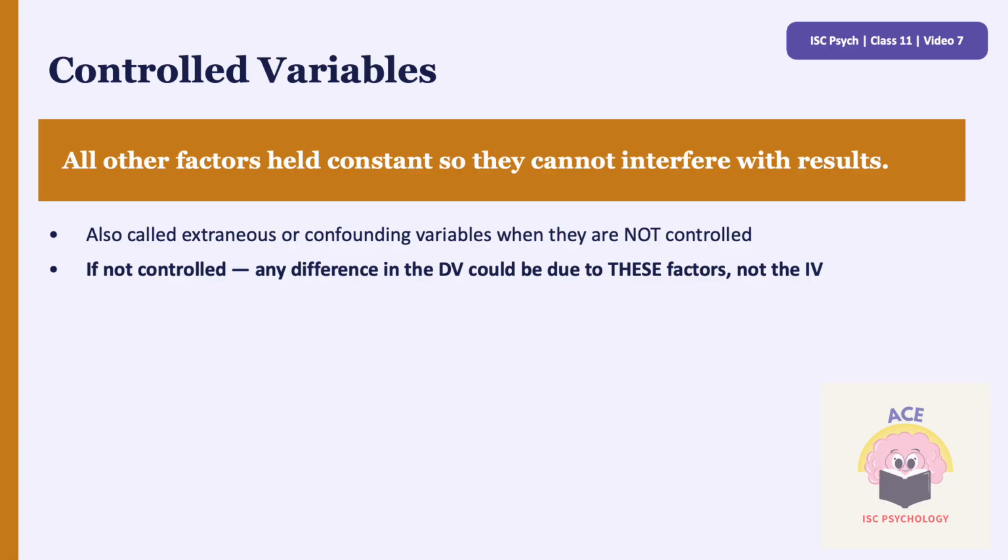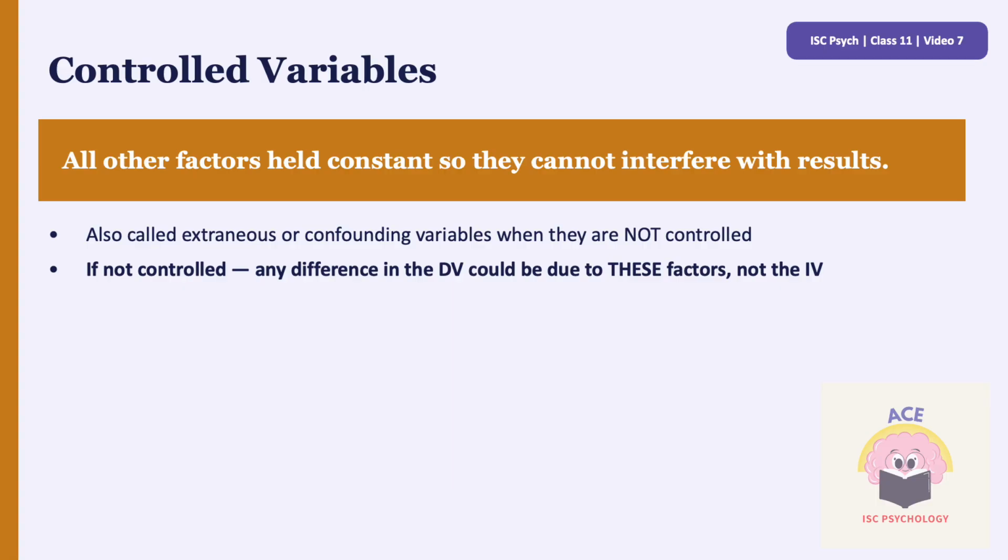Controlled variables, or confounding variables, are all the other factors that could potentially affect the dependent variable, which the researcher has deliberately kept constant to prevent them from interfering with the results. In the caffeine and memory experiment, controlled variables would then include the time of day testing occurs, the noise level in the testing room, the difficulty of the memory task, whether participants have eaten recently, the age range of participants, and so on.